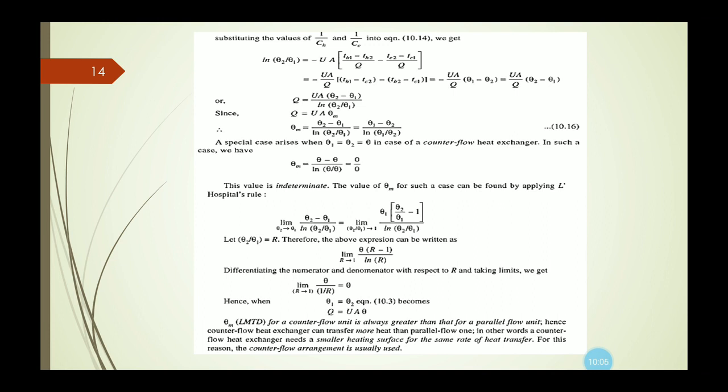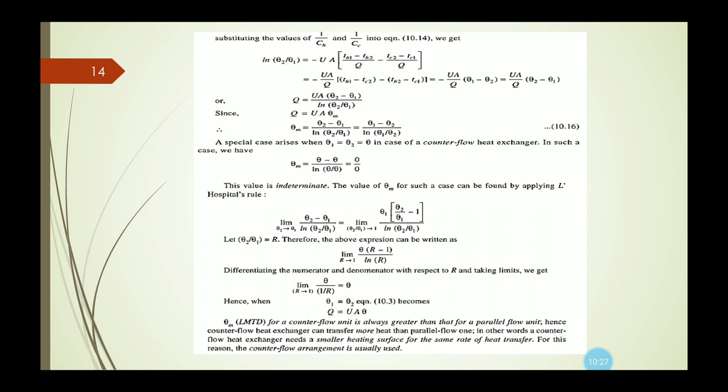So this is equal to (theta 1 minus theta 2) divided by ln theta 1 by theta 2. So this is the formula of the logarithmic mean temperature difference, or LMTD, in case of the counter flow heat exchanger. So this equation also we need to remember to solve the numericals based on the counter flow heat exchanger analysis.